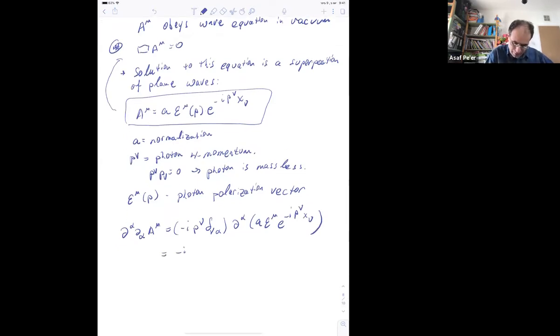And just minus i p_α, minus i p_α A ε^μ minus i p_ν x^ν, which we say is equal to 0 from the star equation.